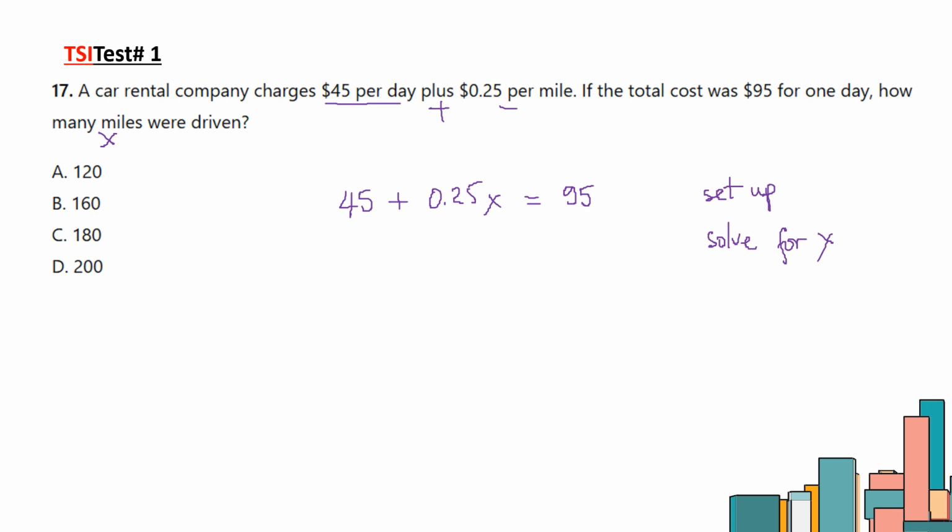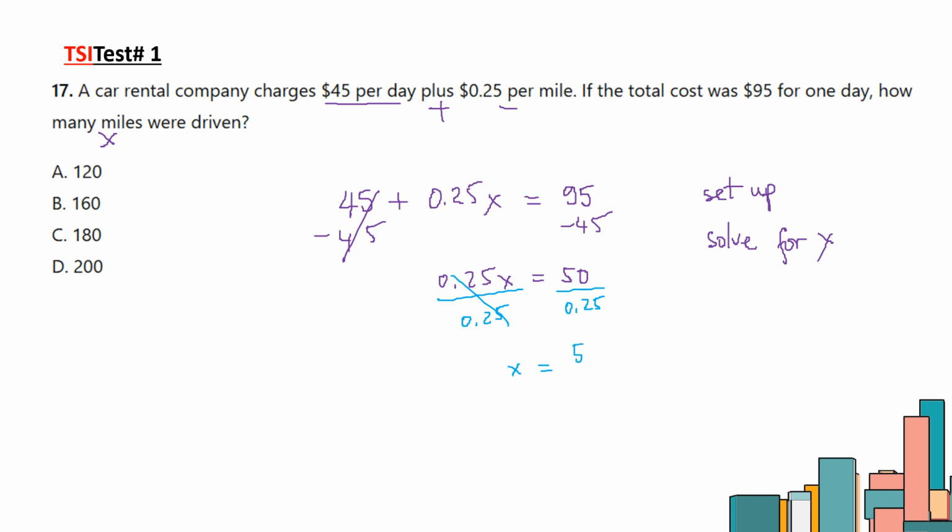Now we subtract 45 on both sides. That cancels. Now we have 0.25x equals 50. Now we divide both sides by 0.25, to isolate x. Now 50 divided by 0.25.